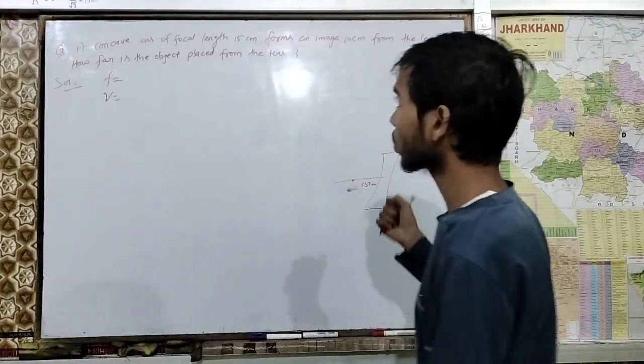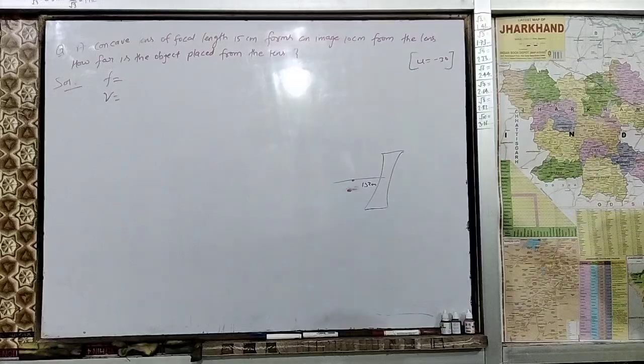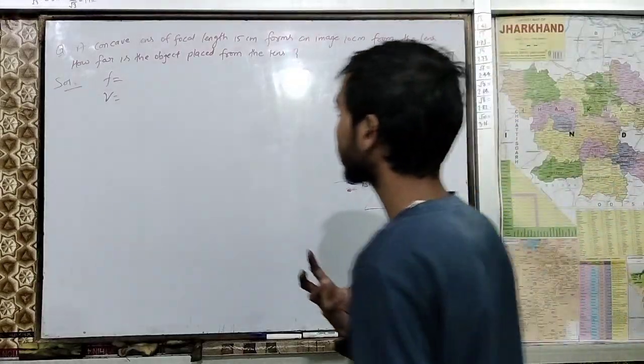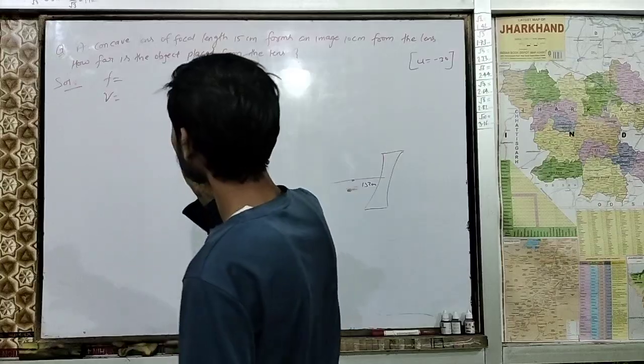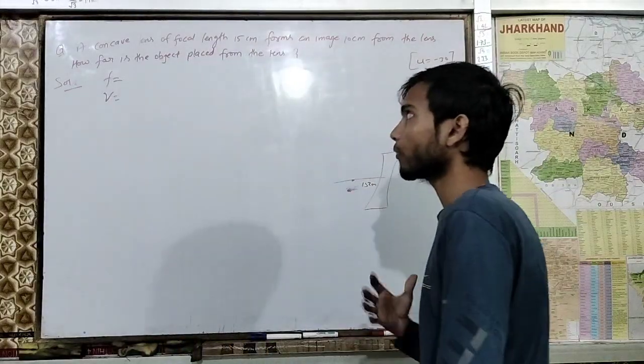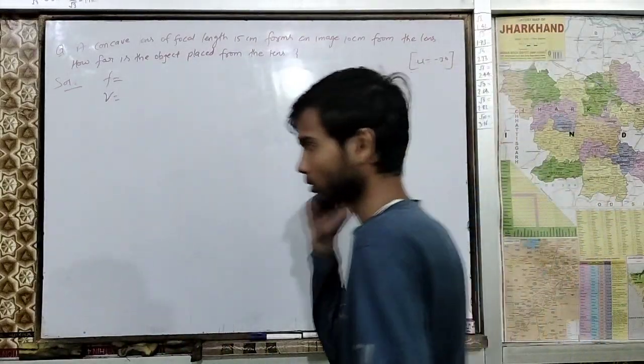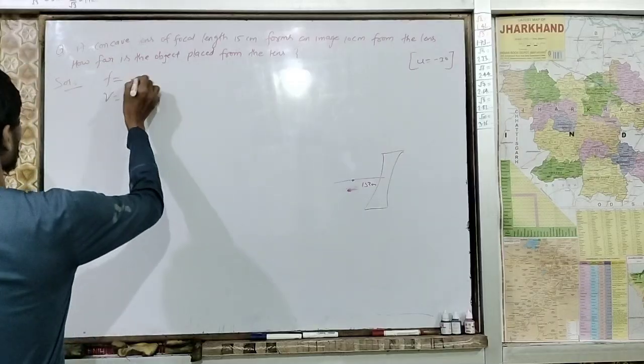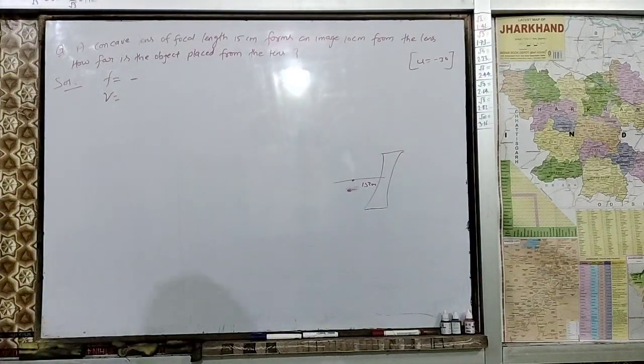So here try to focus on the lens. Which type of lens are you getting? Concave. So for concave, we take f as negative. Clear? And v will also be negative.